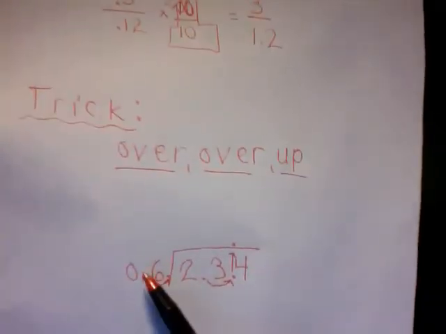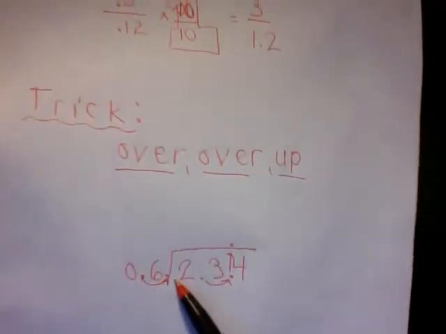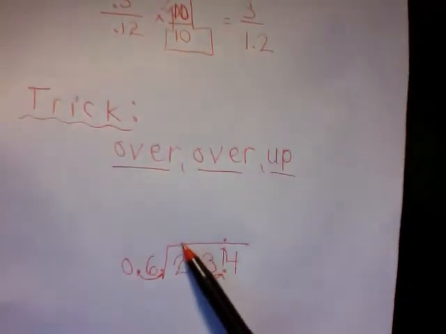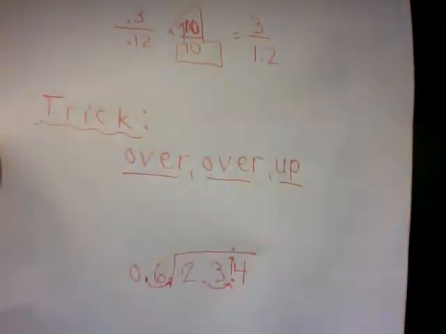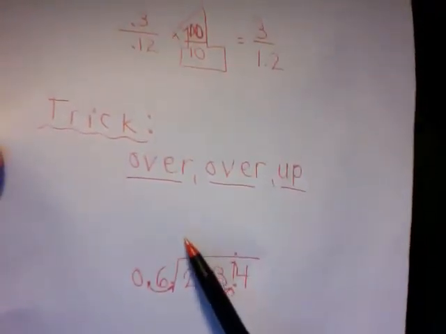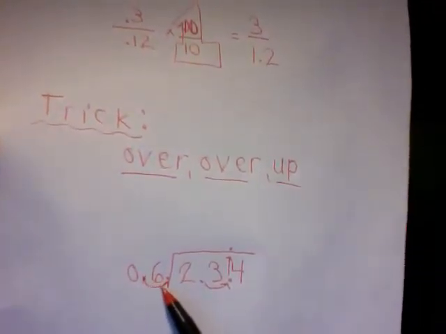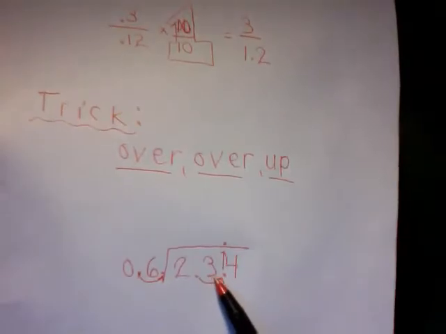Okay, now you can ask yourself, how many times does 6 go into 2? It doesn't. You don't have to put anything there because it's to the left of the decimal, so we don't have to have zeros here. You can ask yourself, how many times does 6 go into 23? And that would be 3 times. 6 times 3 is 18. 23 minus 18 is 5.